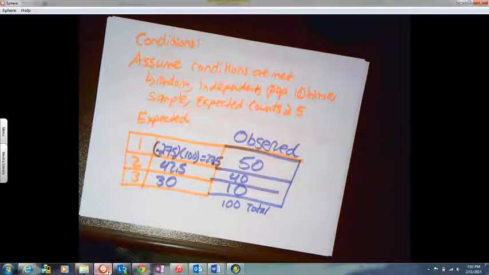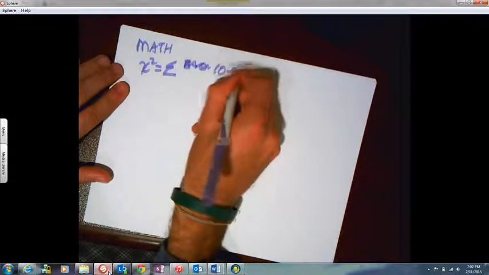Now we got to do the math. Remember, chi-squared equals sigma observed minus expected, squared, over expected. This is on the formula sheet, by the way.